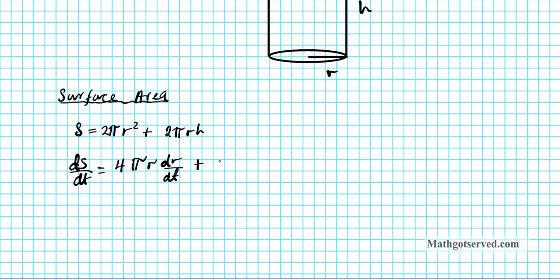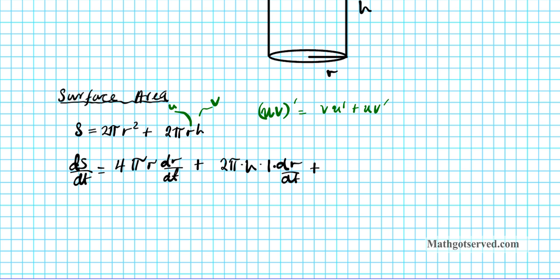Okay, so we have 2 pi, and then in this case, this is u, and this is v. I'm going to use this variation, (uv)' = v u' + u v'. All right, so it's going to become 2 pi times v, which is h. u' is the derivative of r, which is just 1, dr/dt.